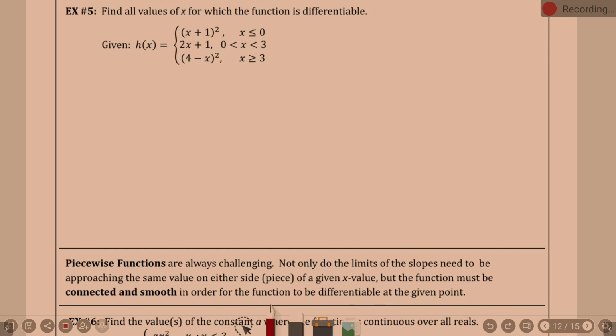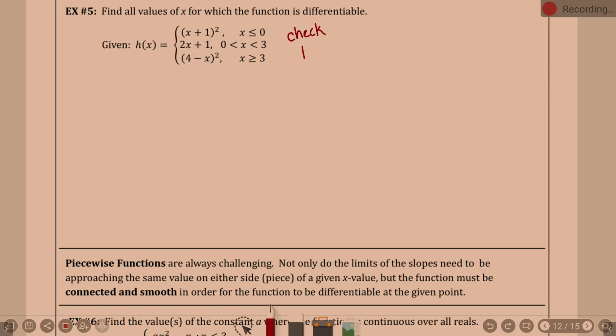X plus 1 squared is continuous. It's a parabola. 2x plus 1, it's a line. 4 minus x squared, another parabola. Individually, they're all continuous, yes? Yep. So what do we need to consider? Like where there might be a sharp corner, cusp, or vertical tangent line.